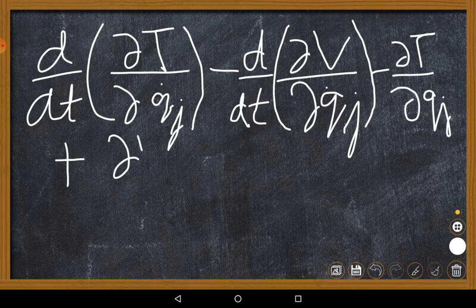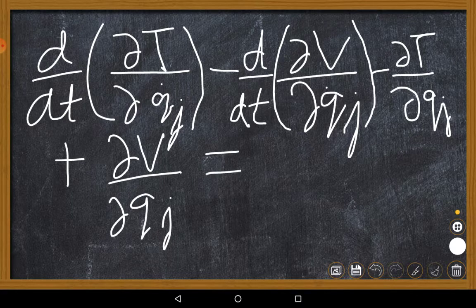And then we have this partial of V added to this expression like this, and that is equal to capital Q j. Basically I have substituted L with T minus V, and this is what you get. Now we are dealing with mechanical systems. We are engineers. We are not interested in the elegance of mathematical equations.